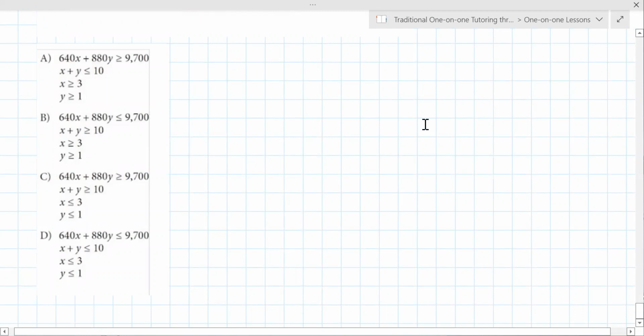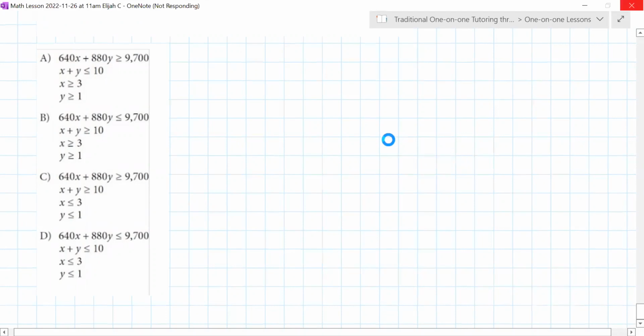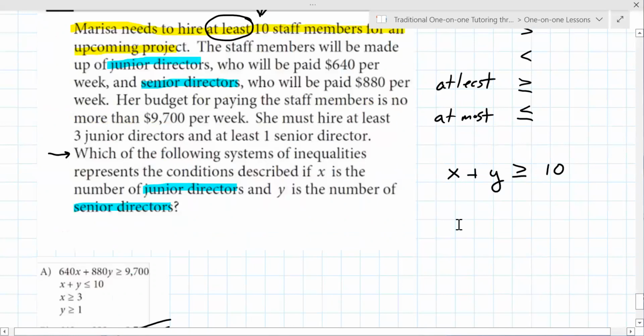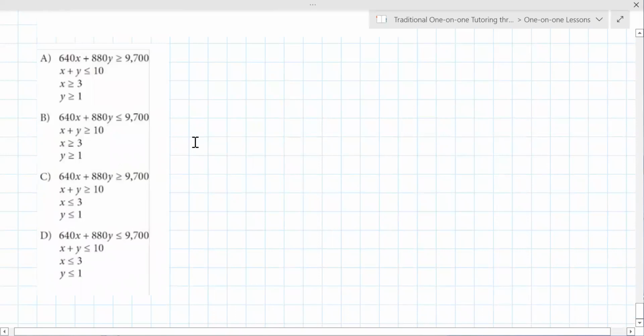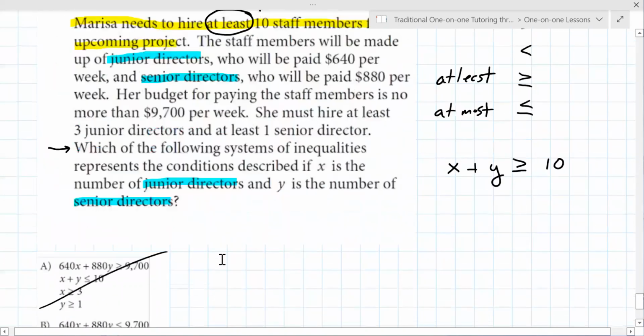I'm sorry, you're looking at the wrong ones. Sorry, it's not responding. Okay, here it is. B and C. Okay, so just with one sentence, you've gotten it down to 2.